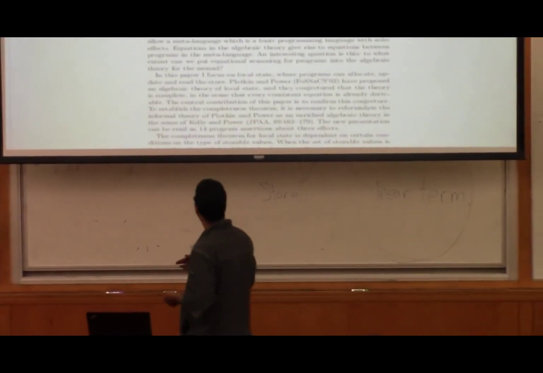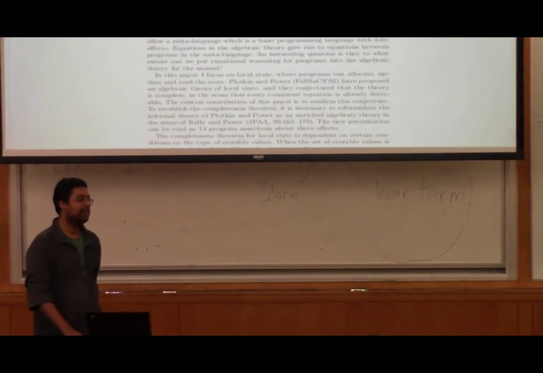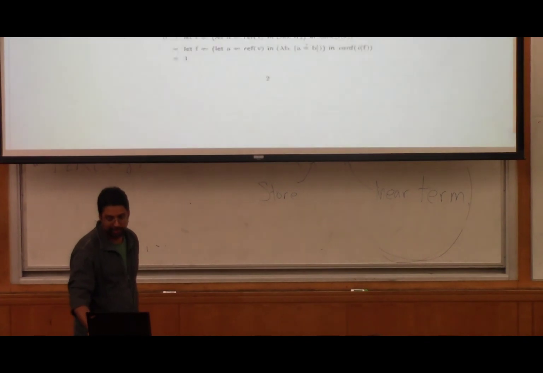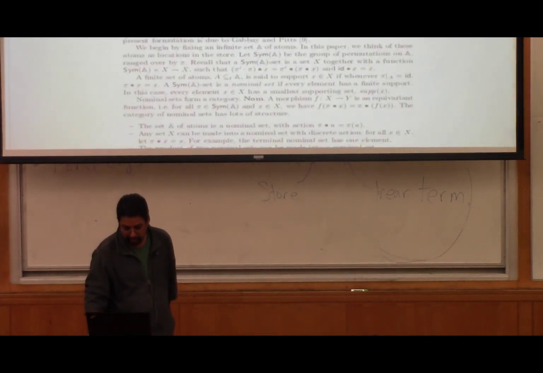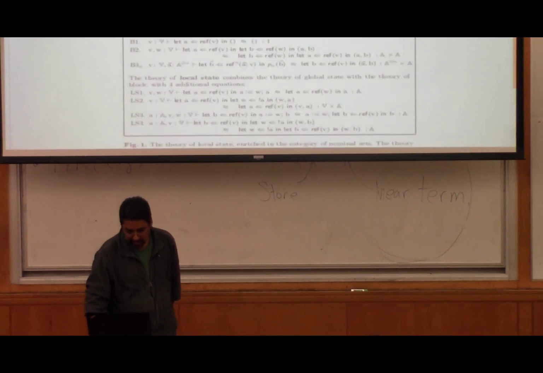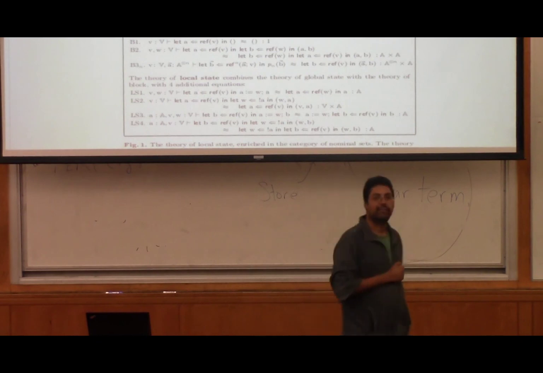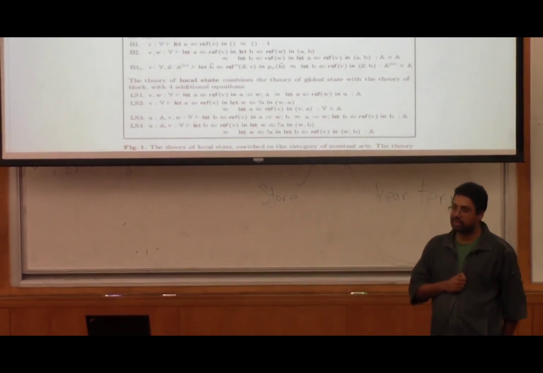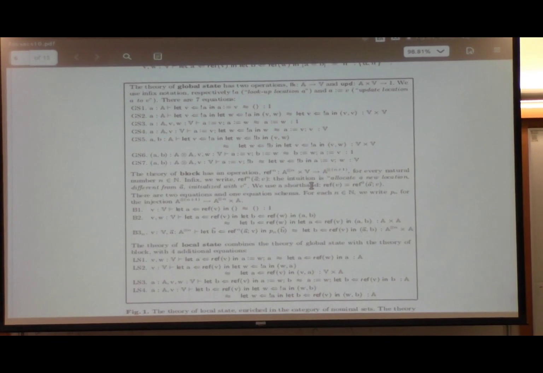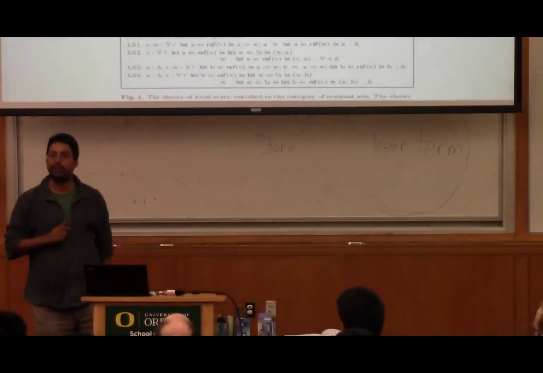There's a lot of very advanced math in this paper, and the purpose of all that advanced math is to prove that there is a set of, I think, 14 equations that characterize reasoning about local state. So if you can prove these equations, GS1 through GS7, B1 through B3, and LS1 through LS4, then any equational property about local state that actually holds, you'll be able to prove, with an asterisk.